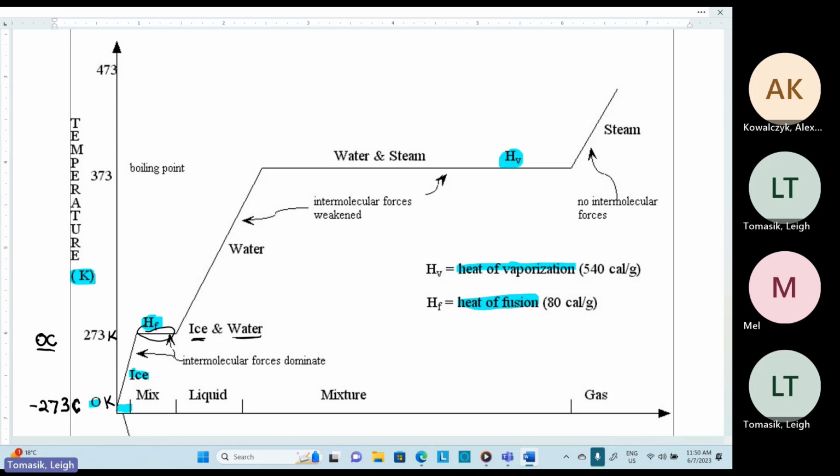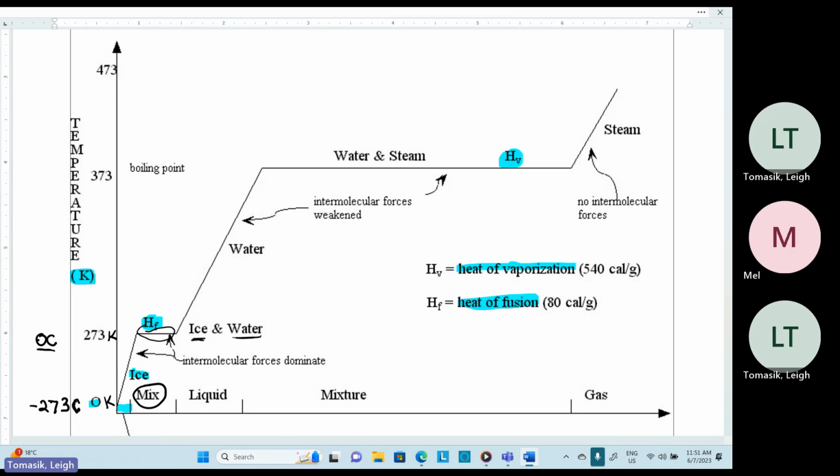So at that point, you're going to have a mixture of ice and water. You're going to start with more ice, and it's going to lessen over time and you get more water. When everything is water, the temperature will start rising again. Okay, so we'll get this line.